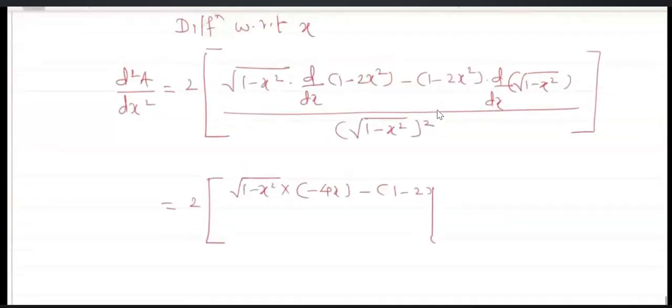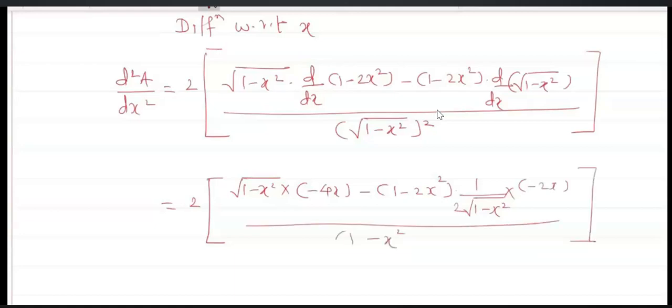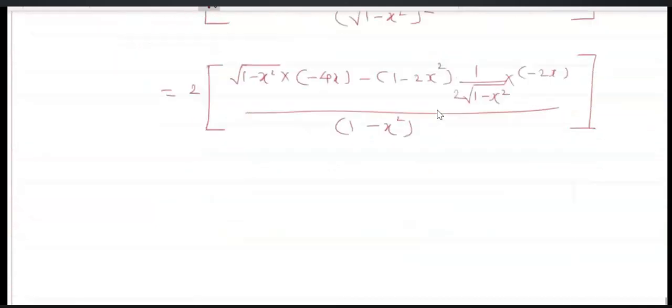That is root of 1 minus x square, the derivative of 1 minus 2x square, which is minus 4x, minus (1 minus 2x square) into the derivative of root of 1 minus x square, that is 1 upon 2 root of 1 minus x square. The derivative of 1 is 0 and of x square is minus 2x.